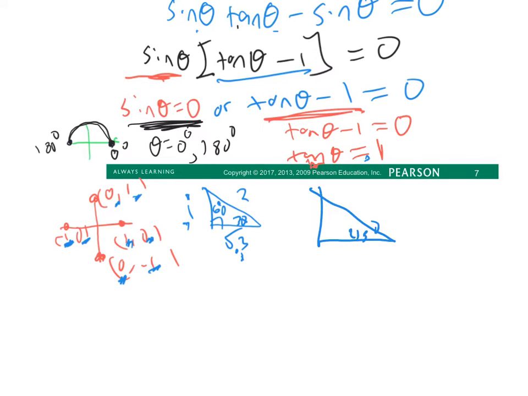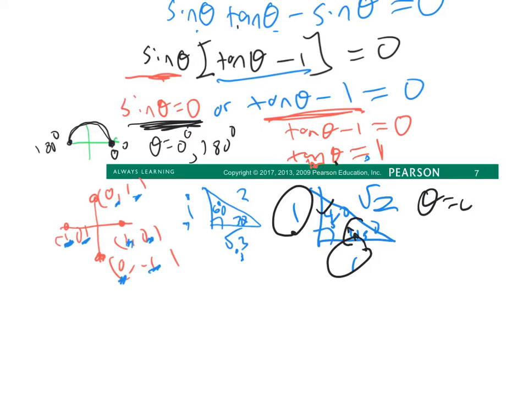Maybe the 45-45-90? 1, 1, square root of 2? There it is. If I take this 45 or this 45, it doesn't matter. Opposite over adjacent. It's a 45-degree angle. Theta has to be 45.